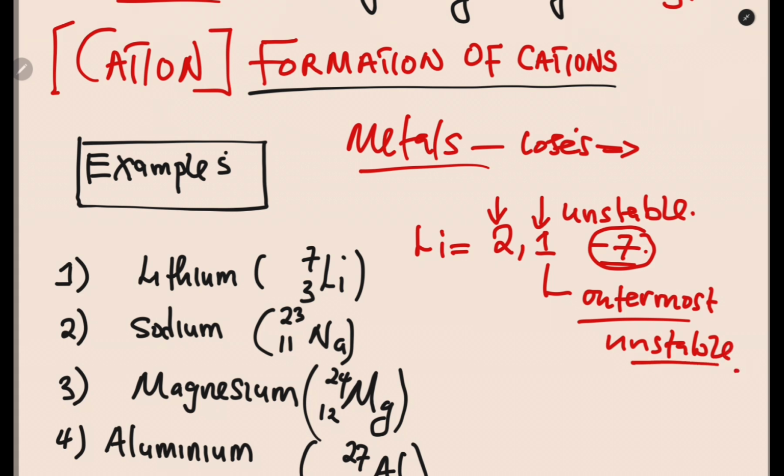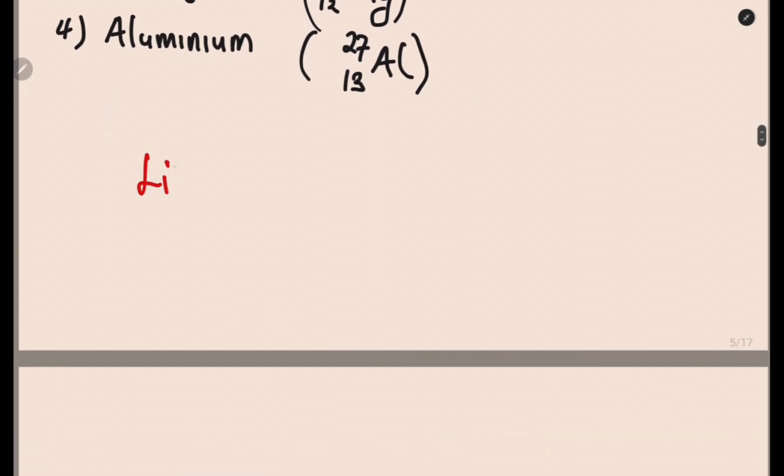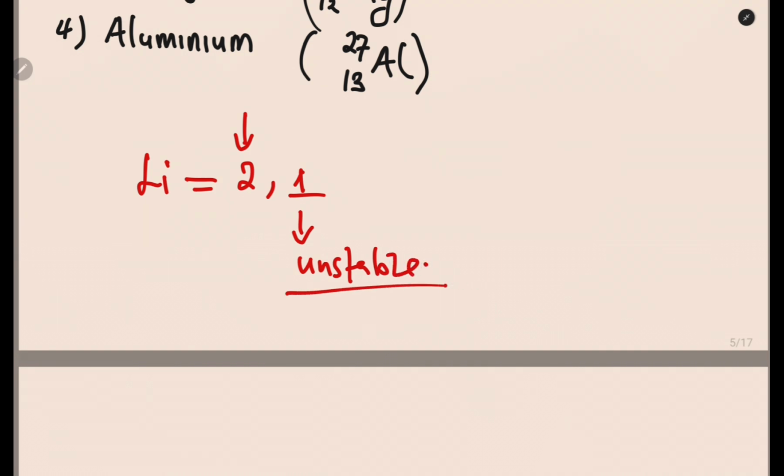So in order for lithium to gain stability, the configuration of lithium is 2, 1. The first shell is stable, but the second one is unstable. In the outside shell, the required number of electrons for stability is 8, and there's a shortage of 7.